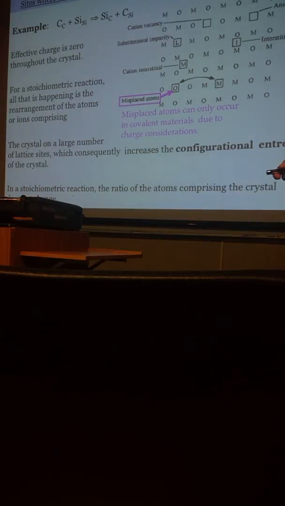Silicon carbide is ionic in a sense, because silicon and carbon are located in different rows, so the electric charge is more toward the carbon compared to the silicon. So you have some kind of ionic interaction, but more or less these are covalent interactions. Therefore, an original carbon site and an original silicon site can be swapped, and that could happen. This is called anti-structure disorder or misplaced atoms.